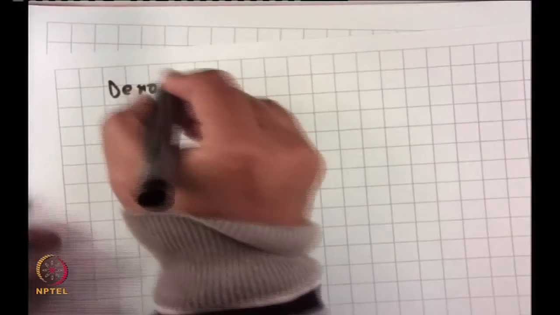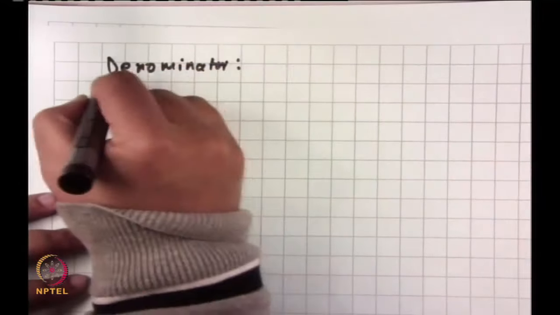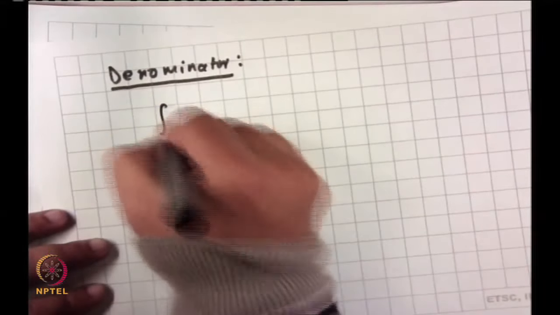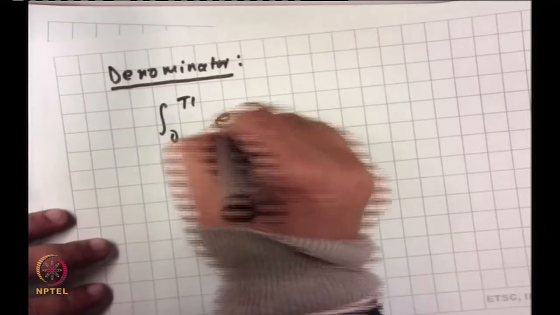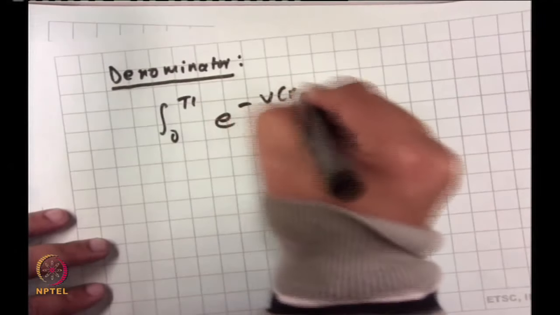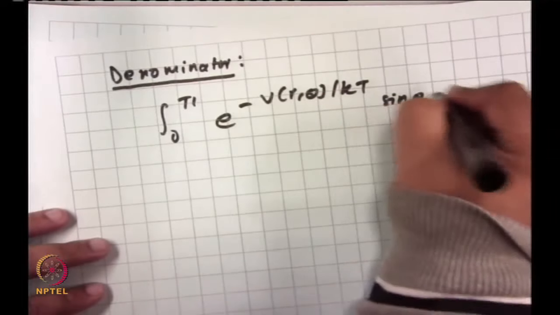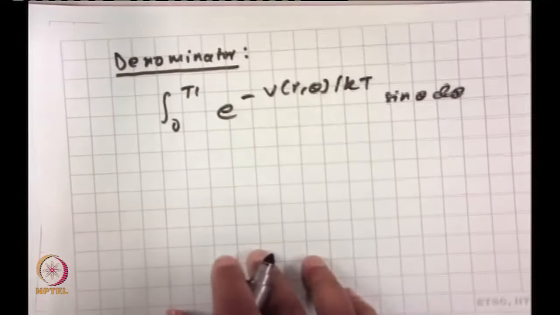But what we will do now is look at the numerator and denominator separately, right. So, let us look at the denominator of your integral. The denominator is 0 to pi, again I am writing e to the minus V of r, theta by kT, sin theta d theta, okay.